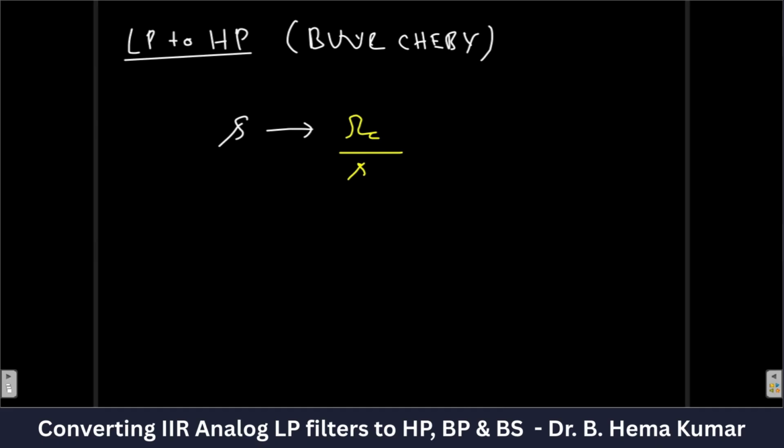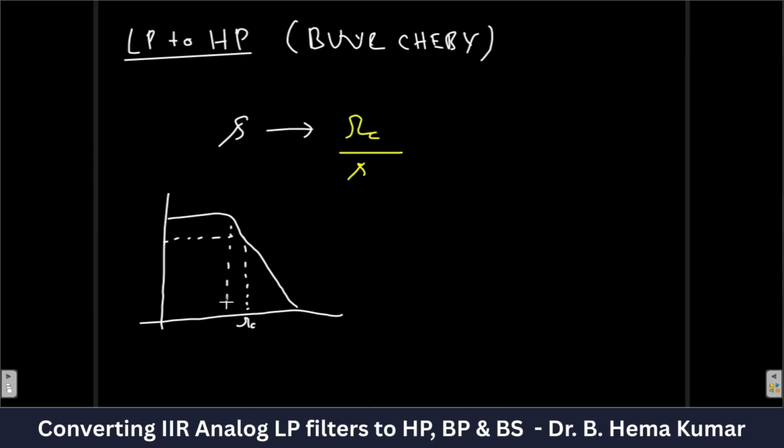Why the reverse? If you see the frequency response of a low pass filter, it looks something like this. Here you find out omega c. You define omega p and omega s, the transition region, pass band and stop band, and find omega c. For a high pass filter it is going to be the exact opposite.